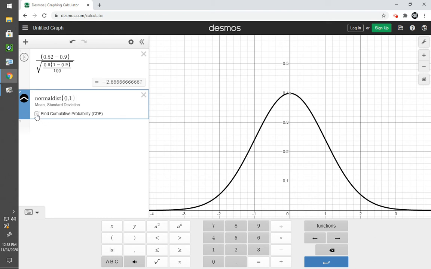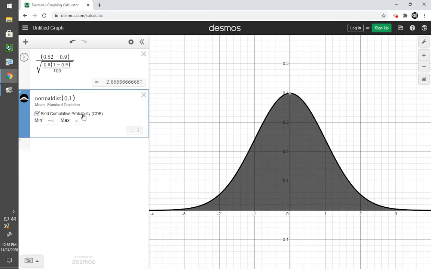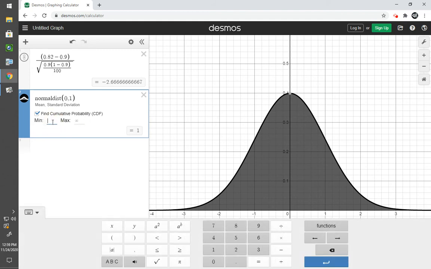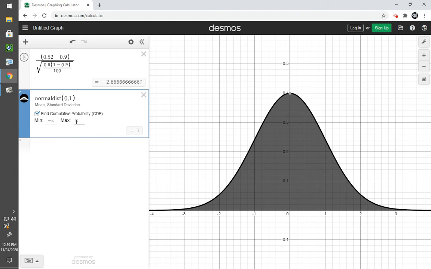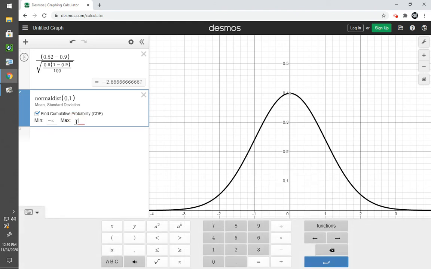Click the box which says find cumulative probability. We know the minimum is negative infinity, so if you leave it blank, it turns to negative infinity. We put in negative 2.67 as our upper boundary, and you can see that we get 0.004. This is our p-value right here.